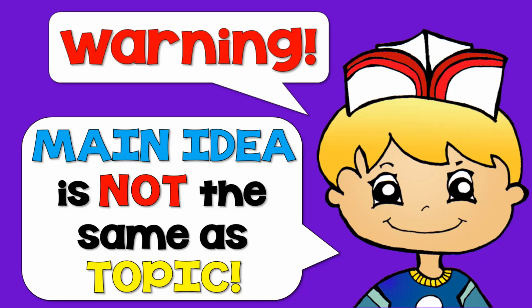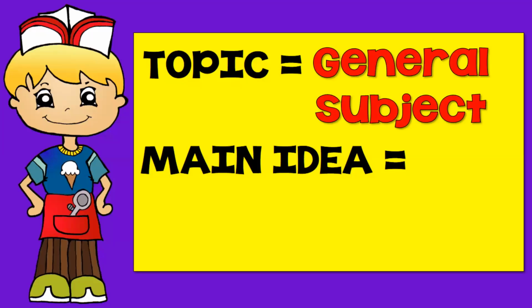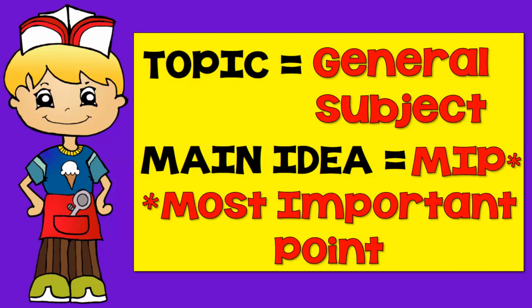Main idea is usually a full sentence. So a topic is a general subject, and a main idea is the most important point. Okay, so you might have an article, the topic might be bears, but the main idea might be how bears survive in the wild. Notice how a topic is one word, main idea is a full sentence.